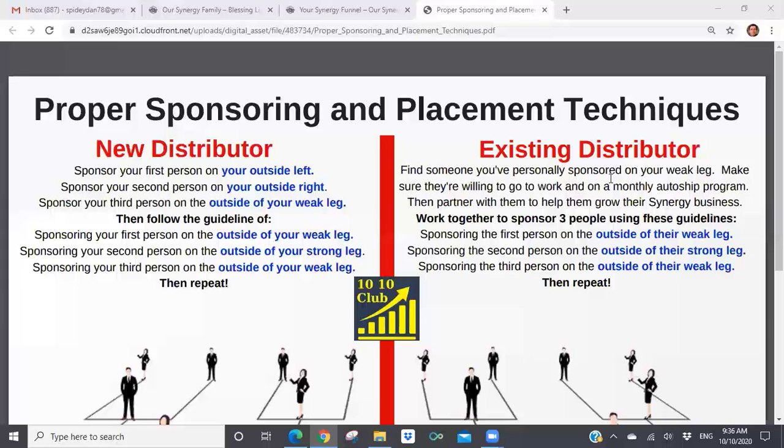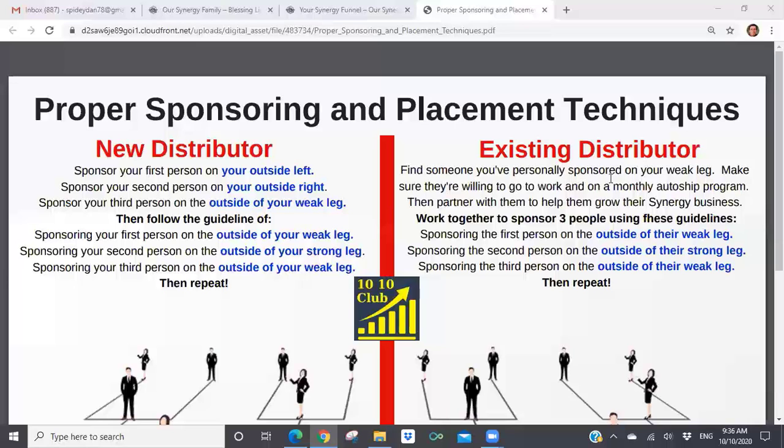It's going to increase the basic commissions of the person that you're working with, which, if it increases their basic commissions, then increases your mega match. And if you're sponsoring people and they're sponsoring people and you're all working together, you're helping everyone underneath them strengthen their Synergy organization. We're all working together to help strengthen that person's Synergy organization.